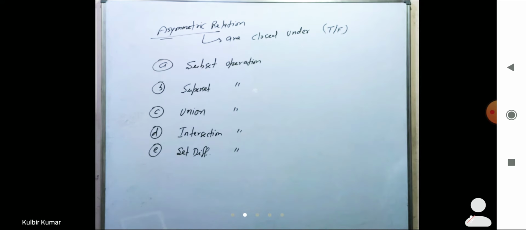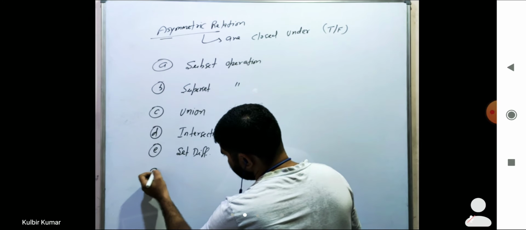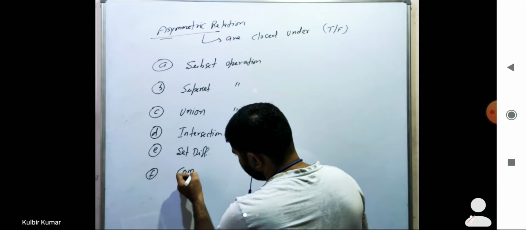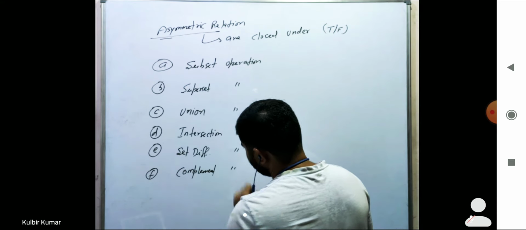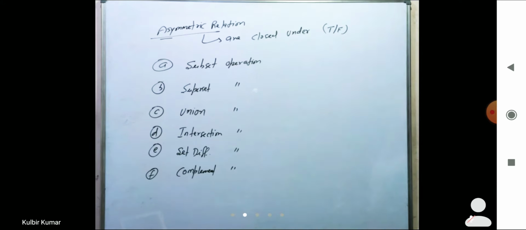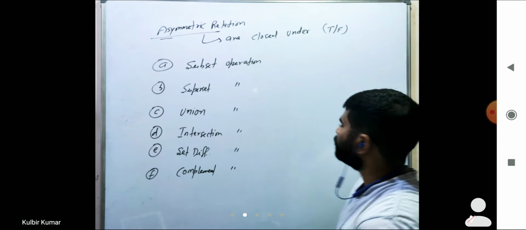And next is the complement operation. Now we know how to find out whether it is closed or not closed. So in this one, which statement is true, which one is false?